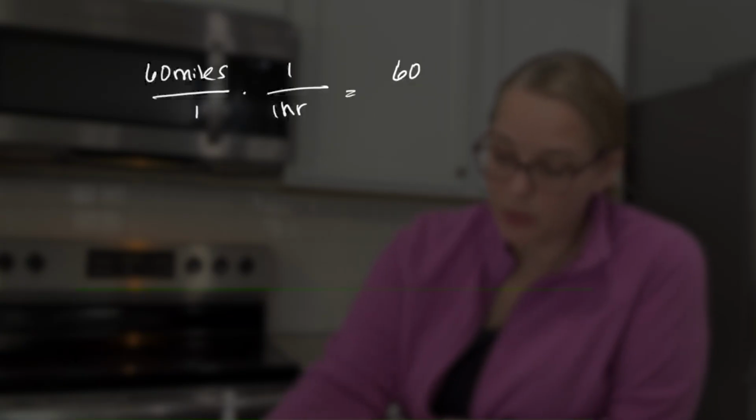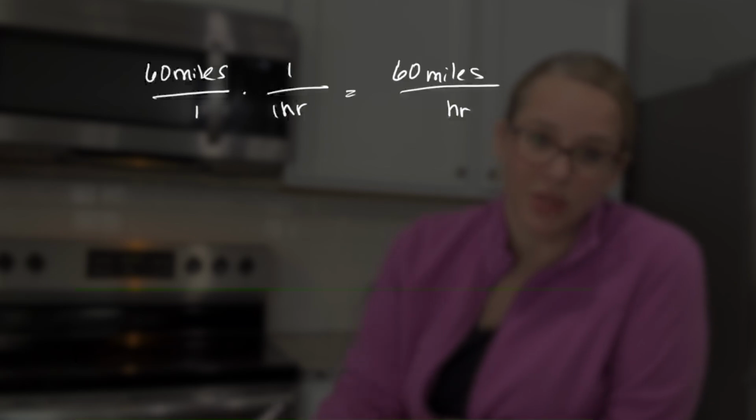That can happen, so we're going to practice that for just a second. If you have, let's say, 60 miles, and I'm going 60 miles in 1 hour, I'm not going to go into how you can use this at the moment, but you can actually end up with 60 miles per hour. That's a unit you're used to, right?